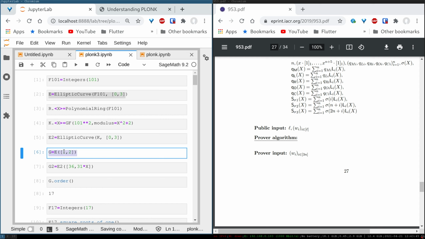We also need the extension field. So we build the extension field as the points of F101 plus the solutions of the equation x squared plus 2. So that's just like you can extend the field of real numbers with imaginary numbers to form the complex field by introducing i, the solution of x squared plus 1.